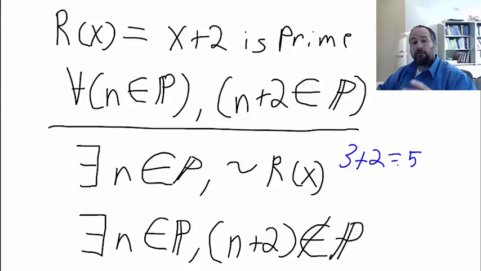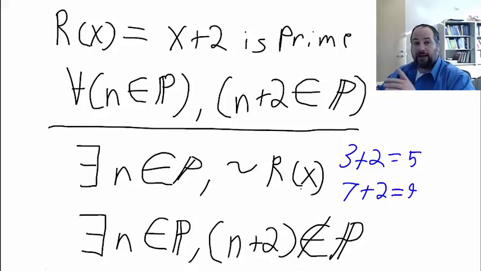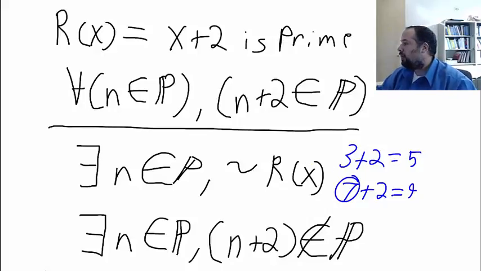Both 3 and 5 are primes, so it's true. Then 5 plus 2 is 7, so that's true. But if you pick 7, 7 plus 2 is 9. 9 is not a prime. So there exists at least one prime, in this case 7, for which that is false.